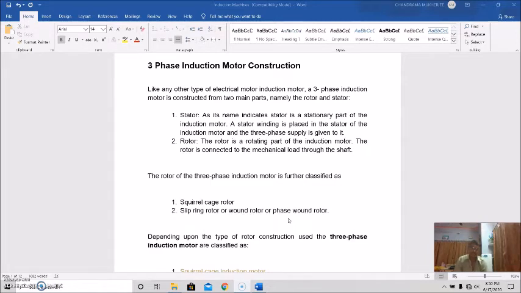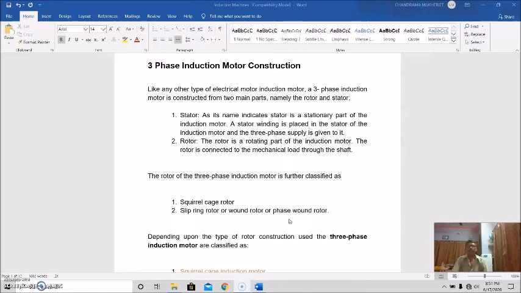One is the stator, the stationary part, where the three-phase distributed winding is placed in the stator slots of the stator core, and where a three-phase balanced supply is provided to create a rotating magnetic field of constant magnitude and synchronous speed, which rotates through the air gap.